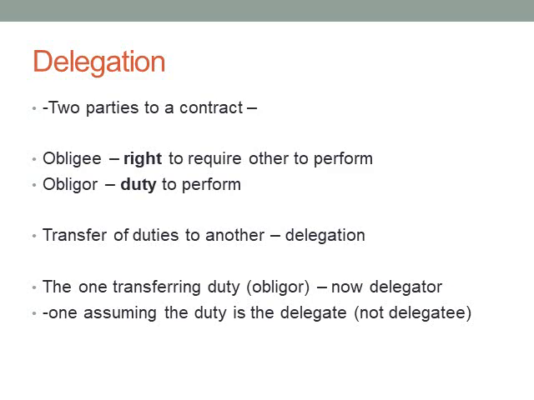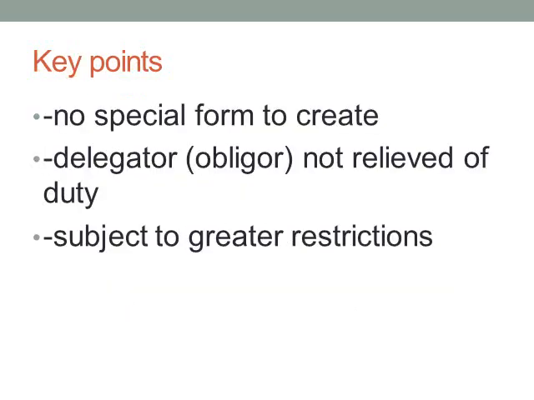So, some rules relative to delegation. There's not a whole lot. There's no special form to create it. The delegator, the obligor, is not relieved from their duty. Very different from assignment, where once your right is assigned, you're out of the picture as the assignor or original obligee. Duties are treated a little differently, and you're subject to greater restrictions.